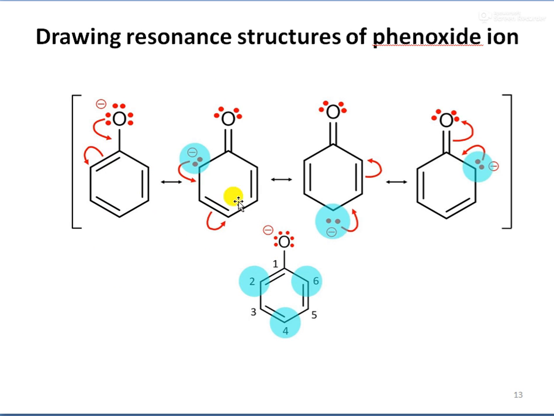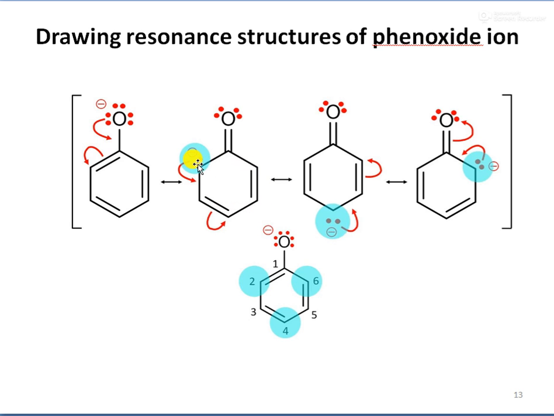So if you are asked to draw the resonance structures of phenoxide, now it is easy for you to draw these structures. In the first structure, there is an oxygen atom with a negative charge, and this is a benzene ring with 3 double bonds. And in the other 3 structures, there are only 2 double bonds in the benzene ring, and the double bond is repeatedly being shifted.